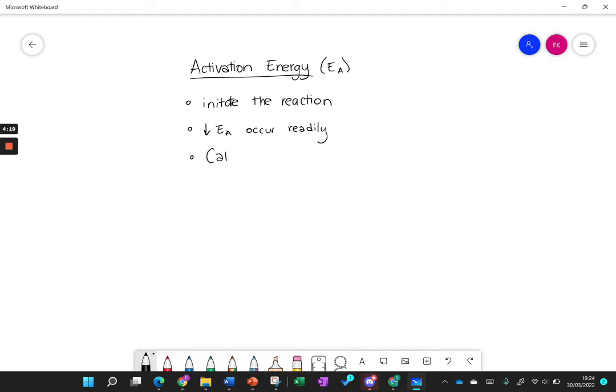Catalysts will affect the activation energy. They will lower the activation energy, and this is because they provide a different pathway to reach that.